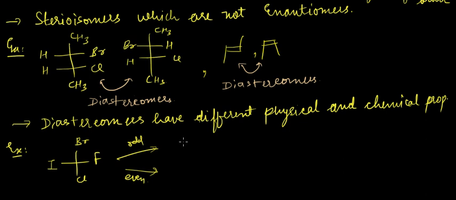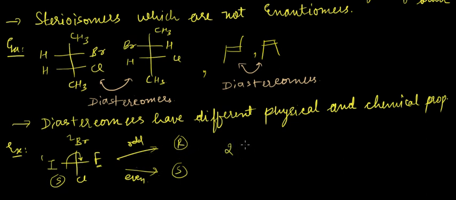For now the configuration of this: this is the highest priority, this is the second priority, so this is clockwise, but the least priority atom is on the horizontal line, hence the configuration would be S. So if you change the odd pair it would be R, and if you change the even pair it would remain the same. So this was how we get the configuration with one chiral center.